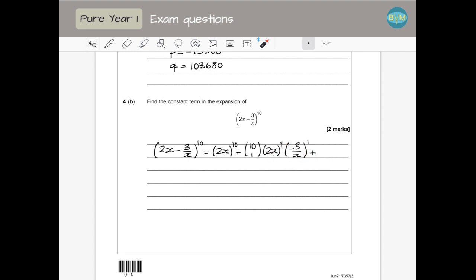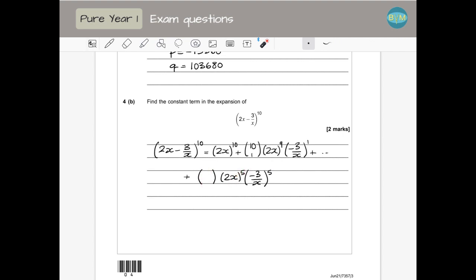That's the term I'm looking for. I'm looking for the one that has a 5. So I will have more terms here that I'm not interested in. I will have something here, and then I will have 2x to the power of 5 and minus 3 divided by x to the power of 5. So this x to the power of 5 cancels with this x to the power of 5.